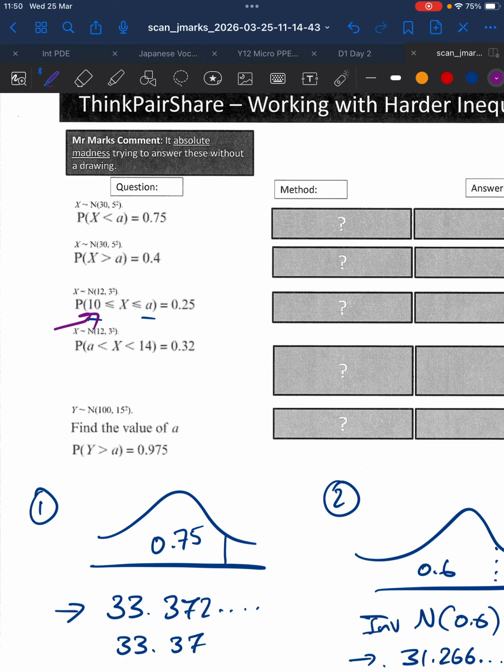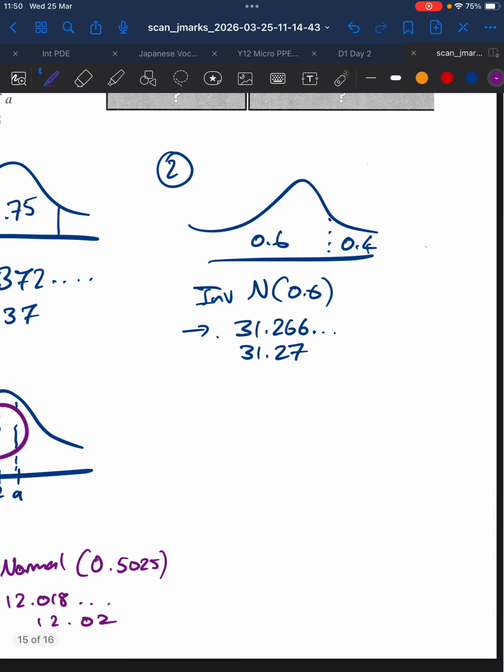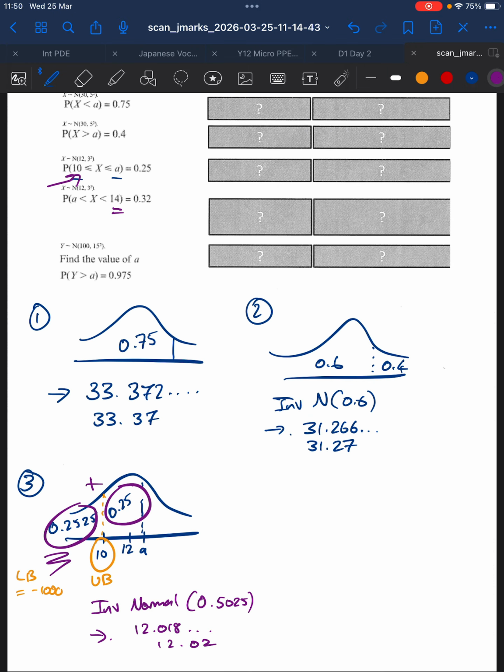This one looks quite similar to the one above. Oh, but the 14's over here. Okay, so let's do, that's rubbish. Let's do another one. Let's do that. 12, 14. So being to the left of 14, I need it to be 0.32.